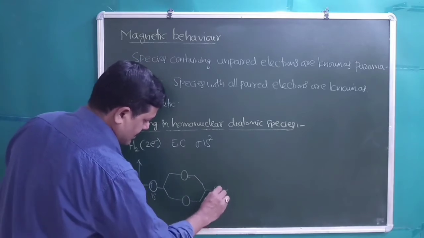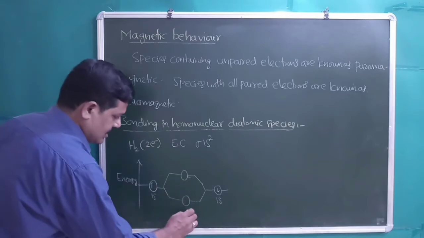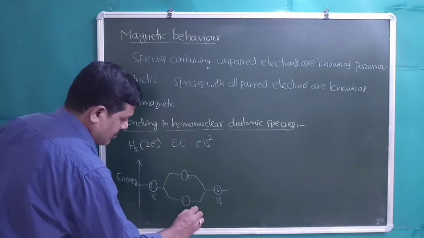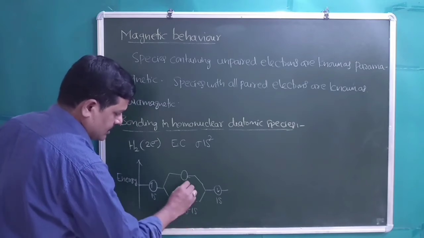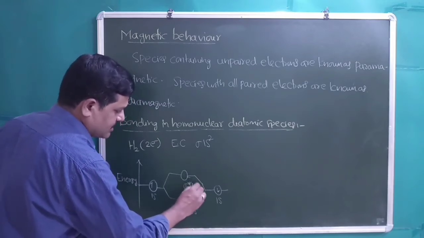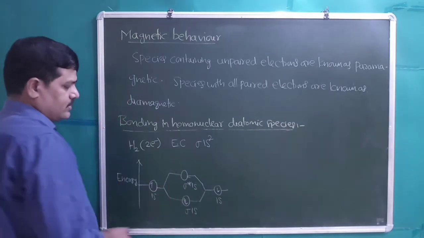Both the electrons are present in the bonding molecular orbital, sigma 1s orbital. Sigma star 1s orbital does not contain any electron in the hydrogen molecule.